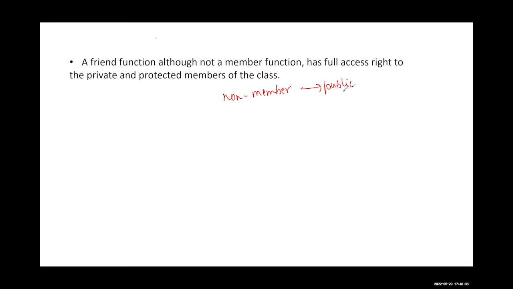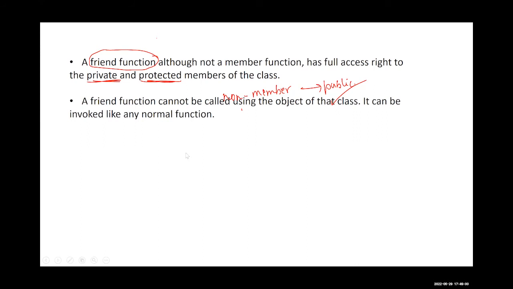Now when it comes to the friend function, the beauty is that though it is also a non-member function, it can access public, and apart from that, it also has the right to access the private and protected members. So this is a major difference between a non-member and a friend function.